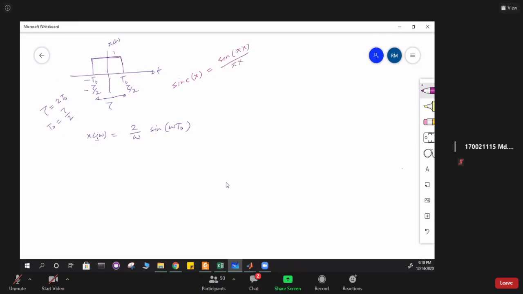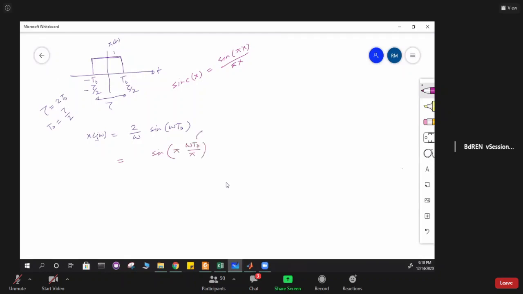So now we need to express this sine omega T0 such that it falls within this type of formula. How can we do that? We have sine, then we need a pi, and if we need a pi, then that pi will be divided here.